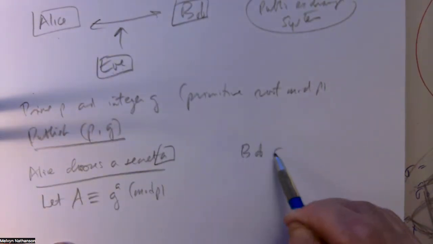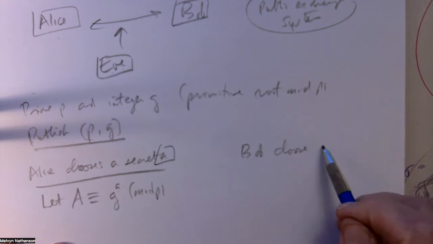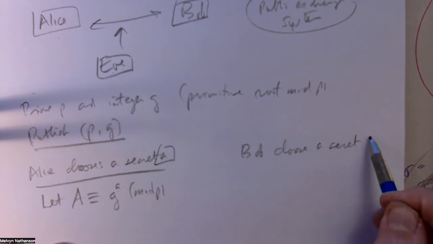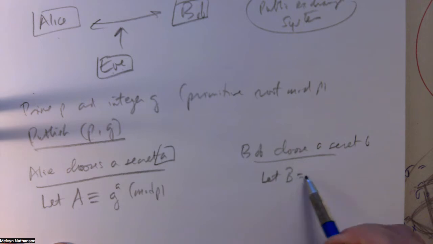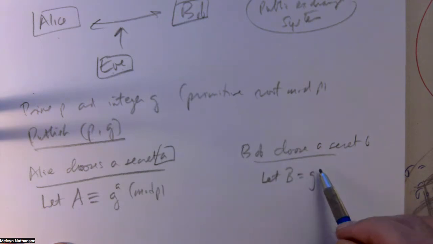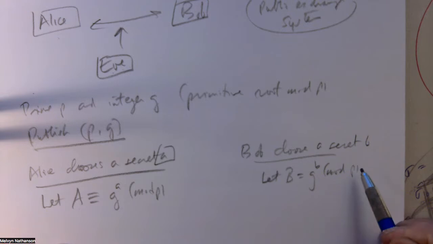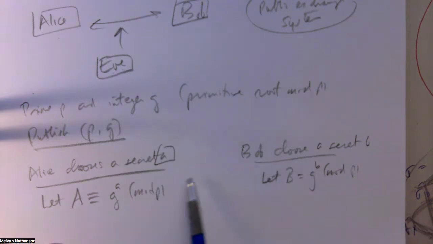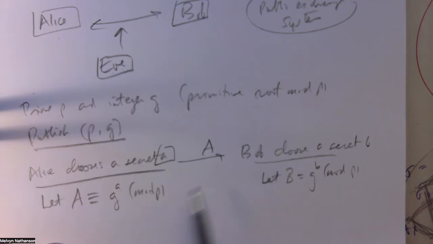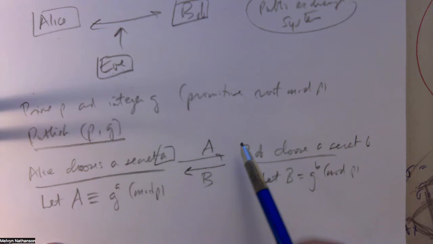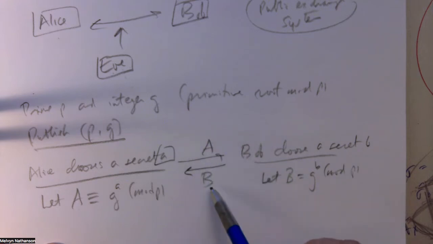And Bob chooses the secret number little b, and he lets capital B be G to the power little b mod P. Alice sends the number A to Bob. Bob sends the number capital B to Alice, and Eve knows both of these numbers.